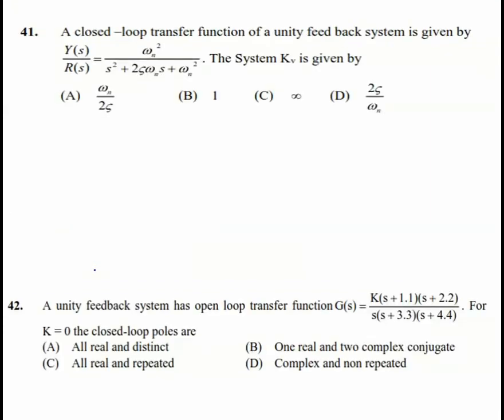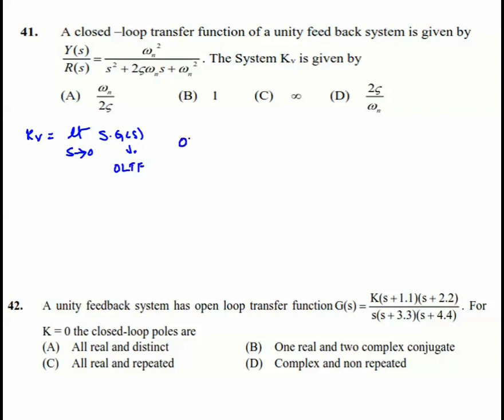And the next one: the closed loop transfer function of a unity feedback system is given by Y(s)/R(s) equal to omega n square divided by s square plus 2 zeta omega n s plus omega n square. This is a second order system. The system Kv is given by the formula Kv equal to limit s tends to 0 of s into G(s). Here G(s) is the open loop transfer function, but the question mentions the closed loop transfer function.